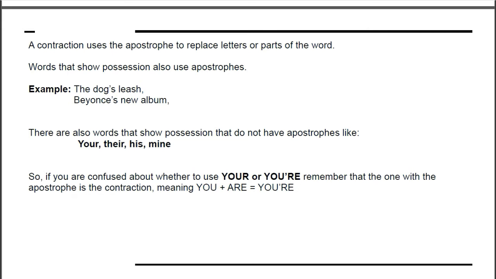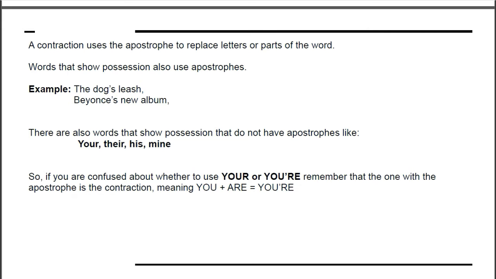The leash belongs to the dog. Another example is Beyoncé's new album. The S in Beyoncé's shows that the album belongs to her. In this case, the apostrophe does not replace any other letters, but instead shows possession.